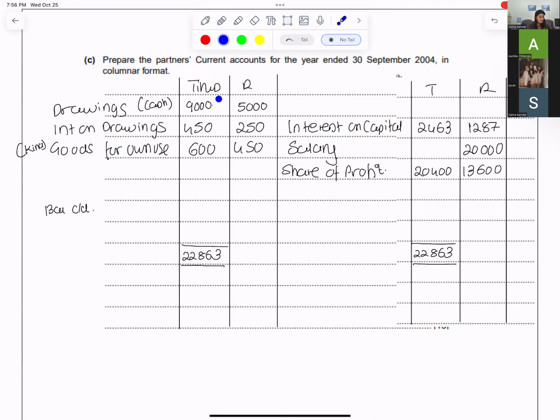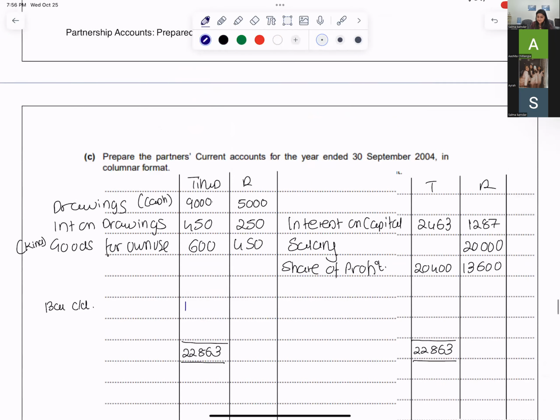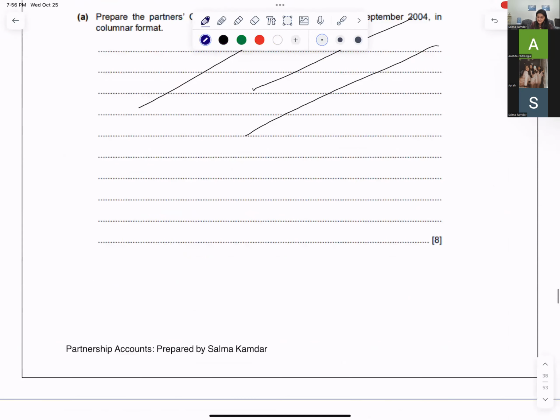So I have a closing balance for Titus of 22,863 less 9,000. But how are you closing the account without a balance? Why? If you start a business in the first year, you don't have an opening balance. I just started. It is not necessary that an opening balance always has to be there. Yeah, but it said in the question that it just started. They have just transferred the assets and liabilities.